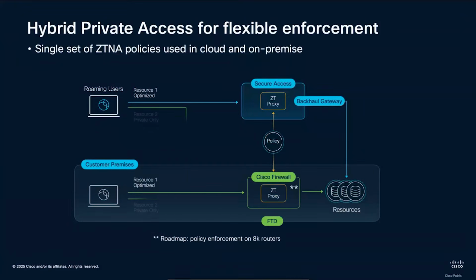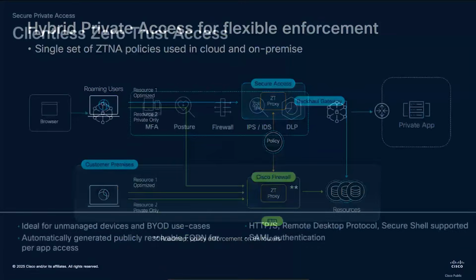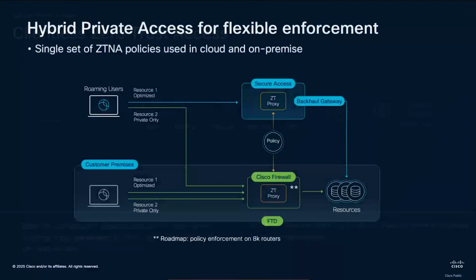Okay, so from an end user point of view, the solution is totally transparent. He is trying to connect to the internet, or he is trying to connect to private applications.